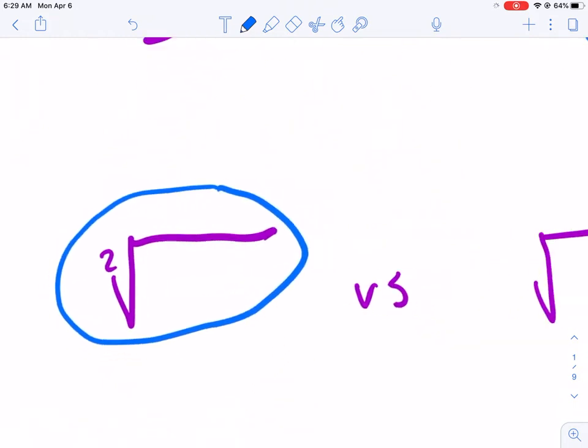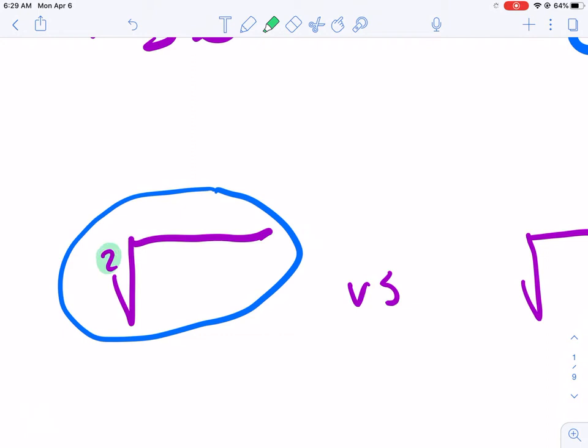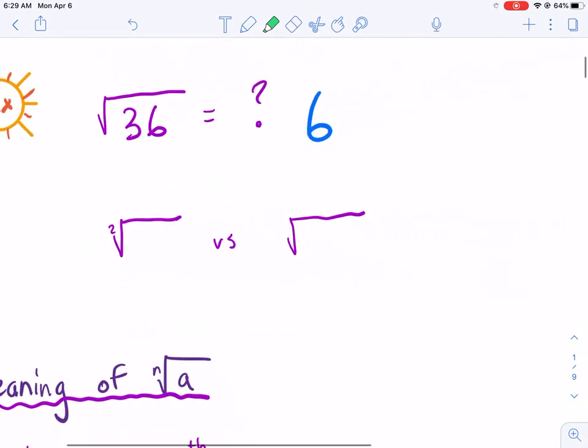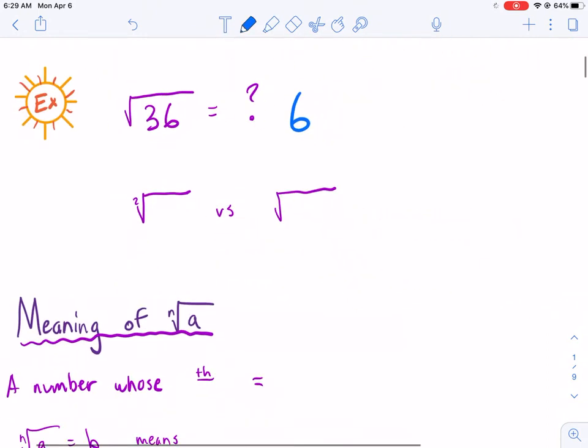What does this 2 in this spot mean? That 2 means we're asking what number times itself twice, 2 times, gives us 36. So if we're thinking about that, 6 times 6, that's 1, that's 2 times, equals 36. Therefore, the square root of 36 is 6.